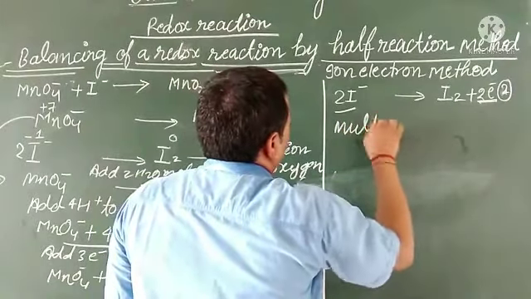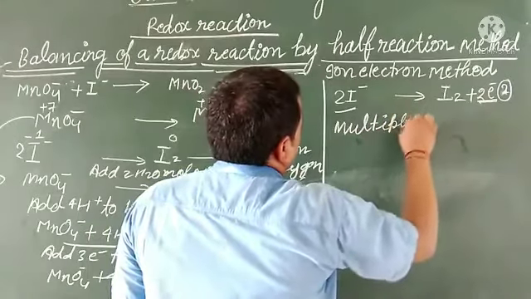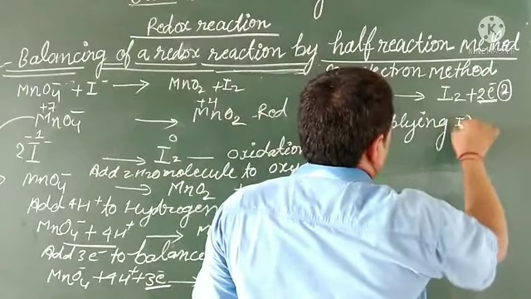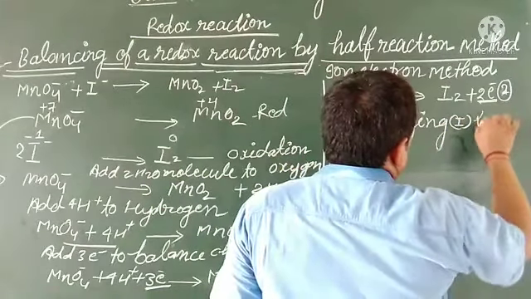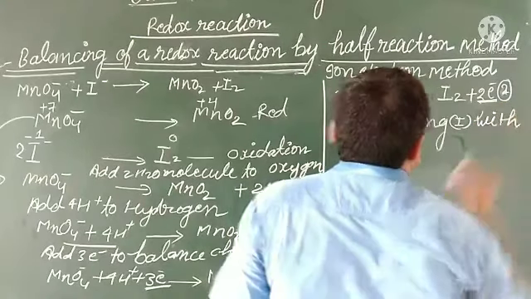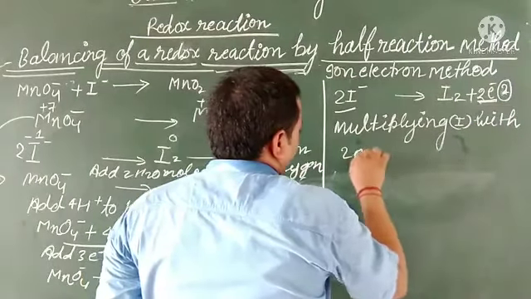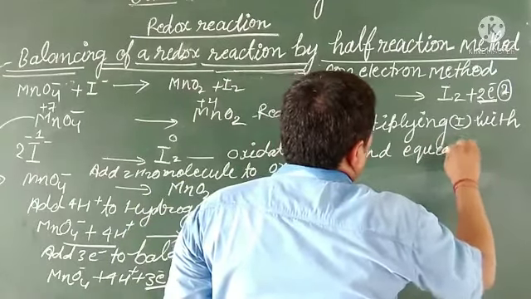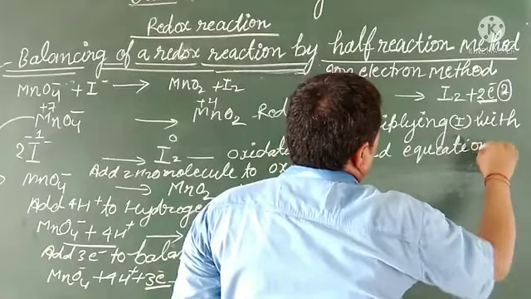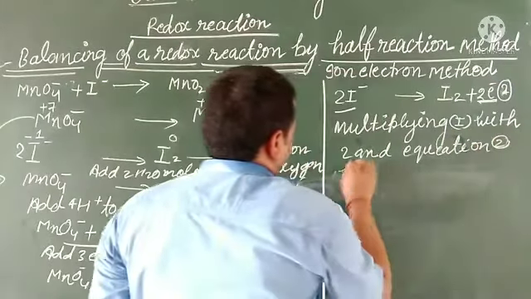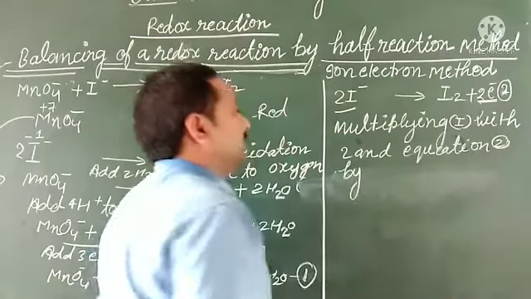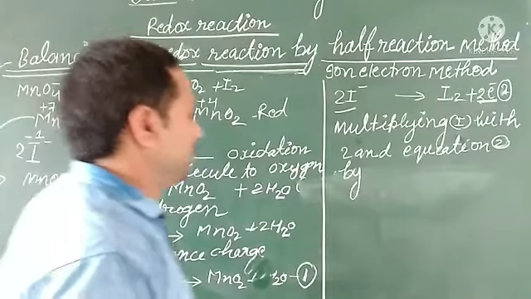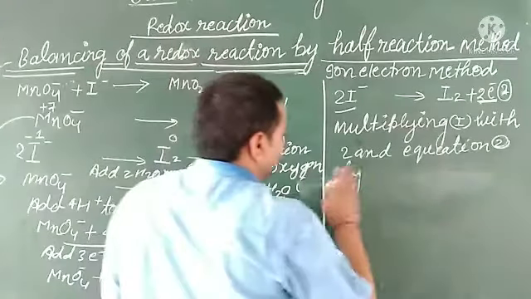So here we can write: multiplying equation first with 2 and equation second with 3.